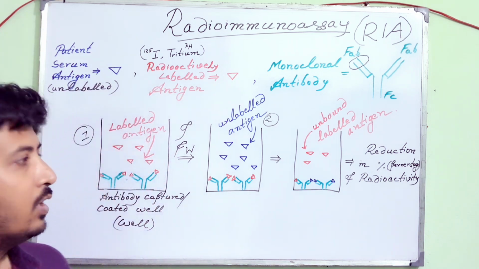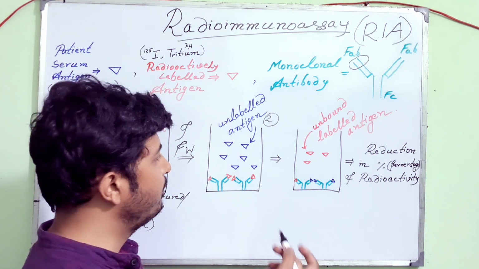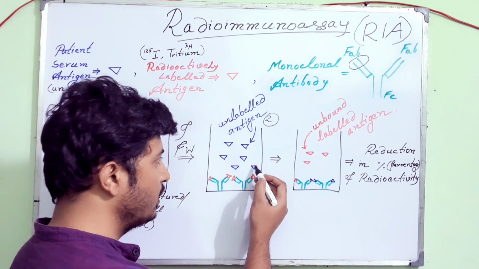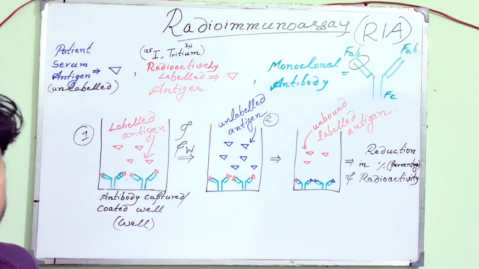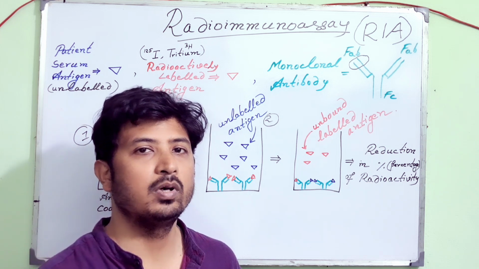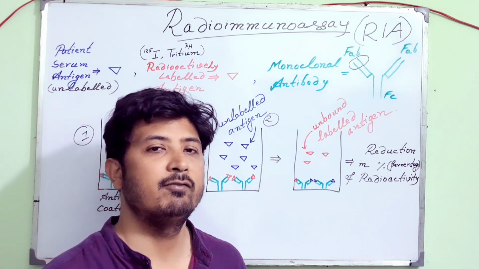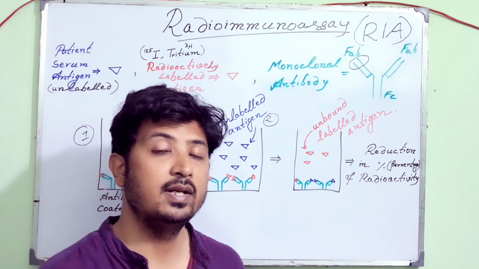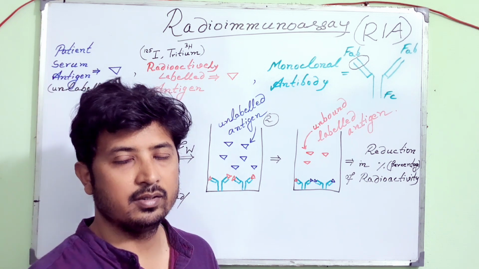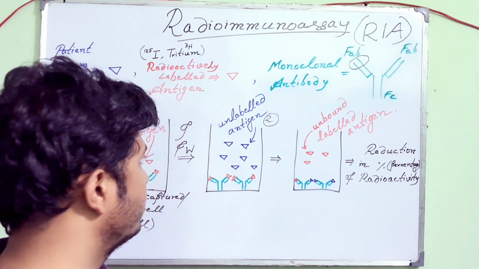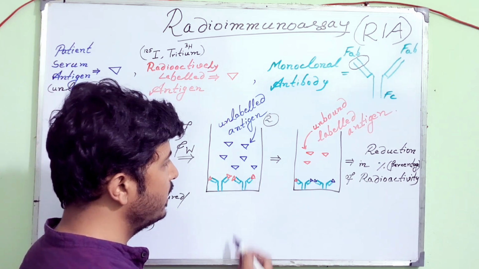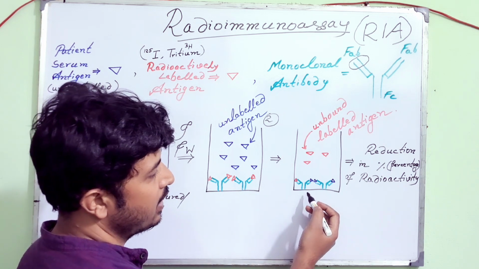Gradually it will replace the radioactively labeled antigens with the unlabeled antigens, because naturally the original antigen against which the monoclonal antibody is developed has a higher affinity and ability towards the natural antigen. The concentration is also a factor, but the mechanism is that naturally unlabeled antigen will replace the radioactively labeled antigen, which I have drawn in the next well.